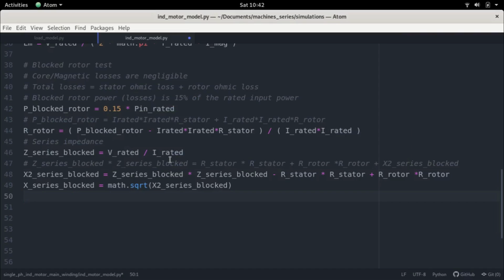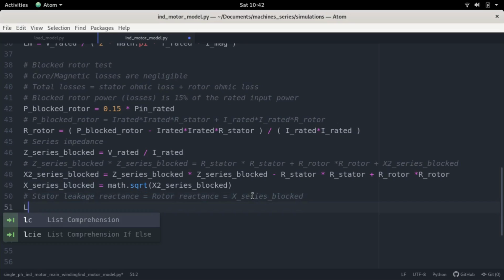So therefore, all I have to do is say stator leakage reactance is equal to rotor reactance is equal to X series blocked. And therefore this obviously means that L stator reactance leakage is equal to L series blocked. I will have large names, but it's better to be explicit rather than write something very small and not know what it is.